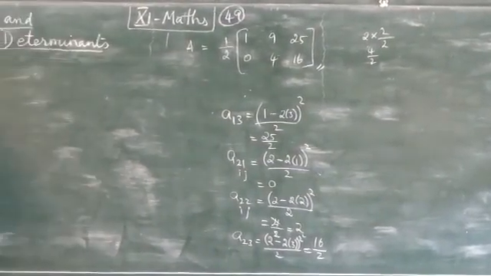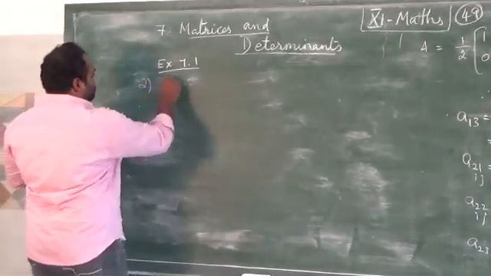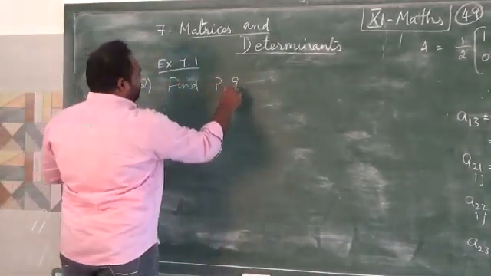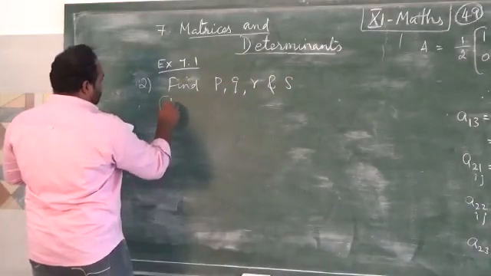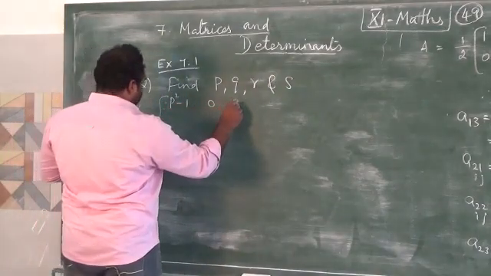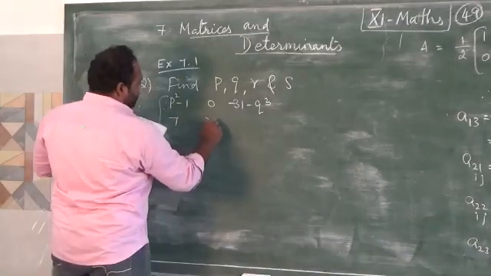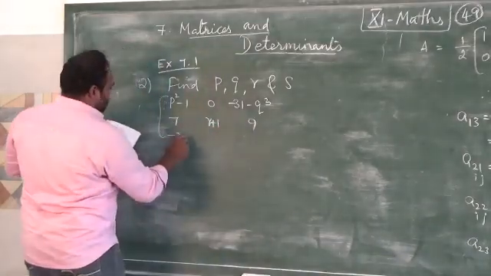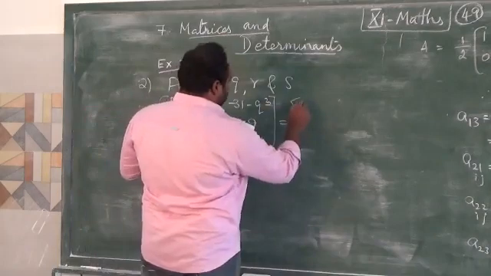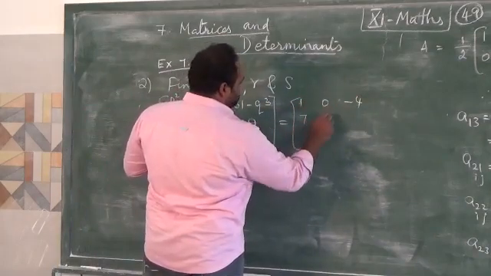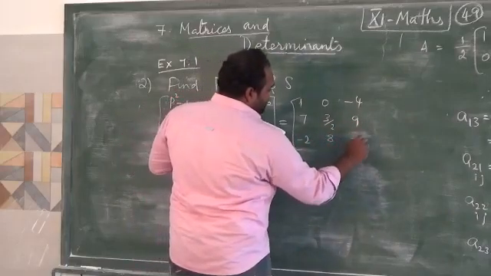So the second problem is: find the values of P, Q, R and S if the condition is given: the matrix with rows P square minus 1, 0, 30; minus 31, Q cube, 7; R plus 1, 9, minus 2; 8, S minus 1 equals the matrix with rows 1, 0, minus 4; 7, 3 by 2, 9; minus 2, 8, minus 5 by 4.